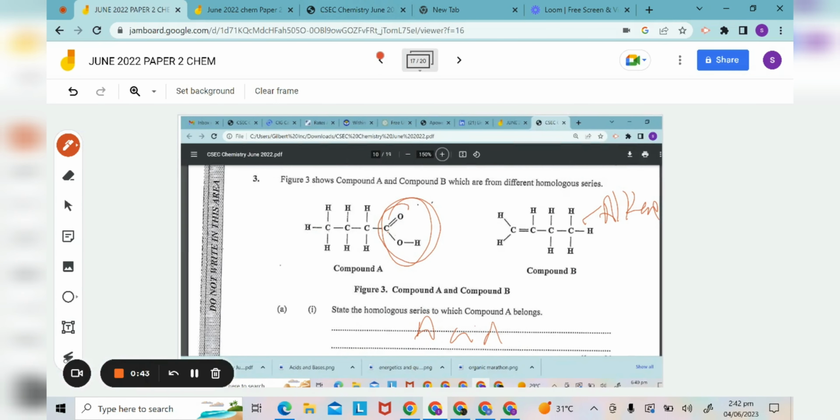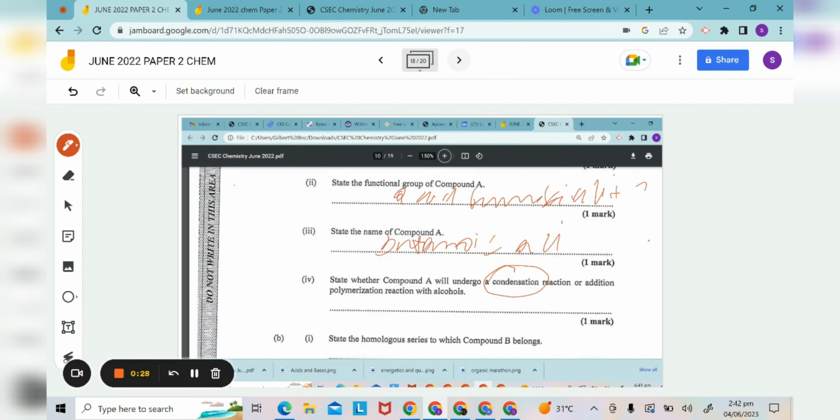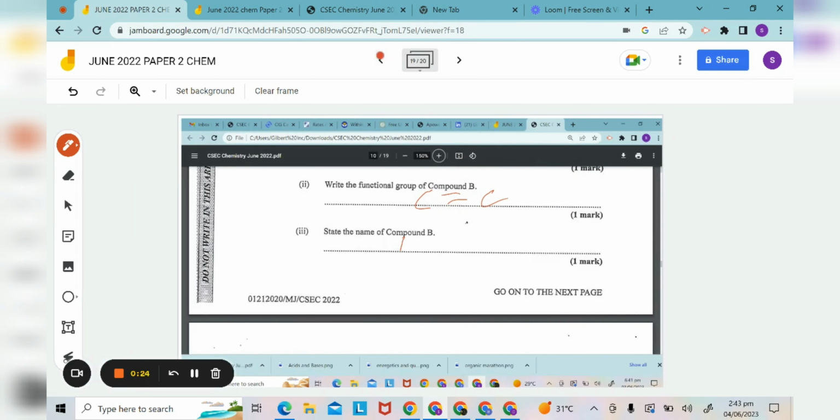So it has 1, 2, 3, 4 carbons, so that's butene, but we need to give the position of the double bond. The double bond is between carbon number 1 and carbon number 2. So it is but-1-ene or 1-butene. I prefer 1-butene, but of course it doesn't matter which one you write. It's still the same thing.